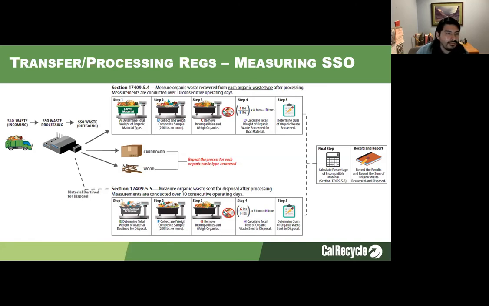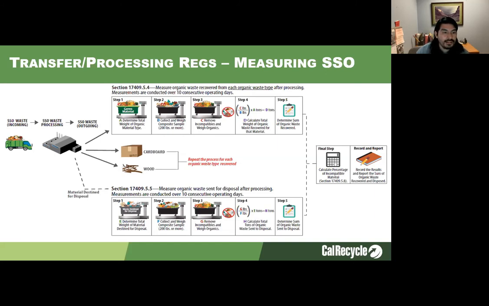For the measurement of organic waste recovered, those measurements are conducted over 10 consecutive operating days. That's the same. They're going through the same protocol, which is to take a random and representative sample, weigh that sample, then remove the incompatibles to determine the organic fraction, and apply that organic fraction, that ratio from the sample, to the total tons that was sent out for that organic waste type or that organic output.